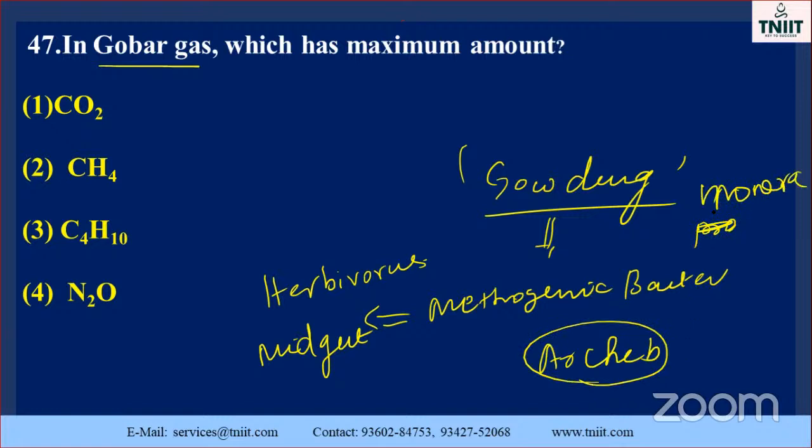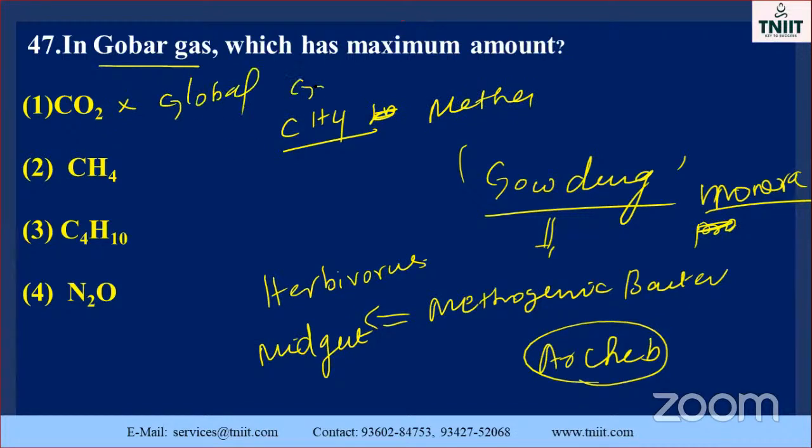Already studied Monera. So Gobar gas means what is that? CH4 is the correct one, the methane. So CO2 it is not. It is a global warming gas, greenhouse effect. Don't forget, my dear students.